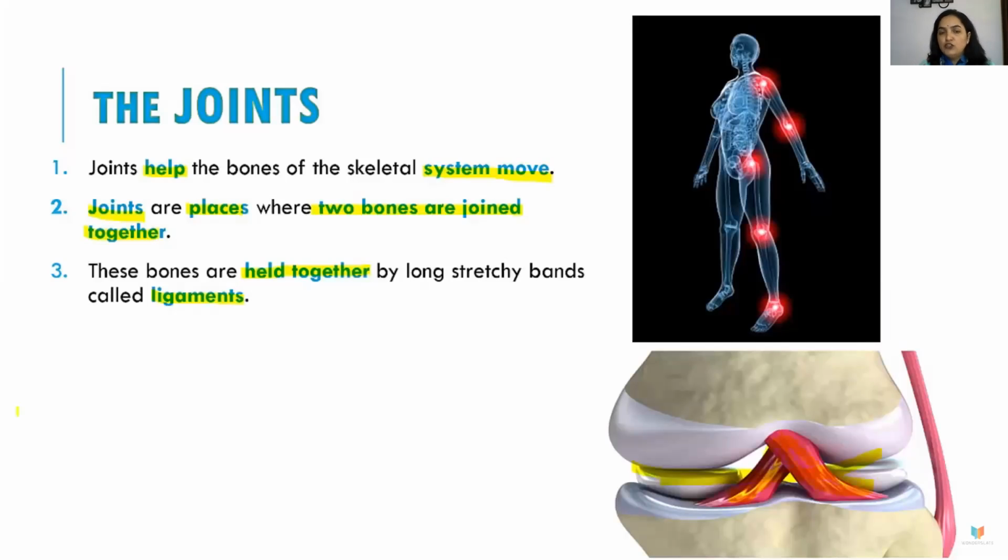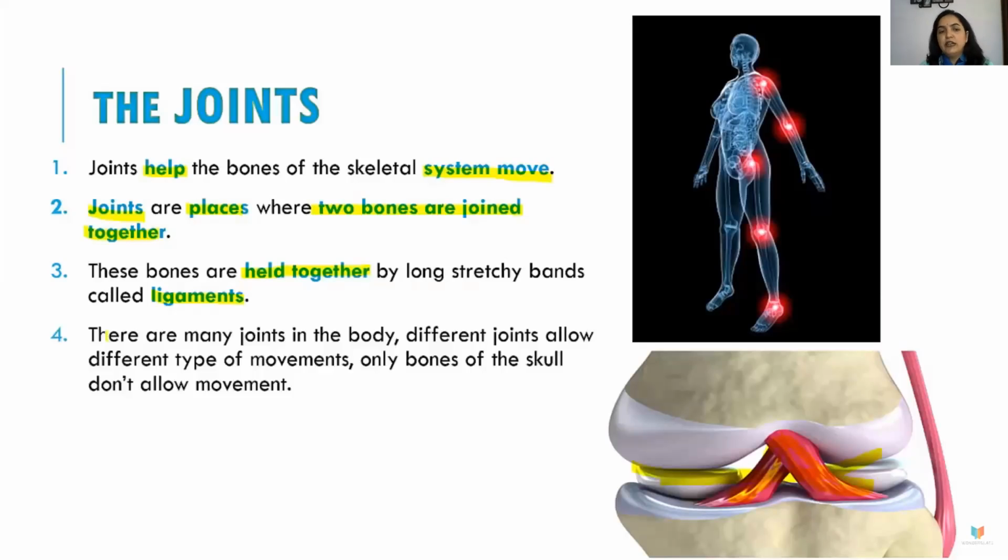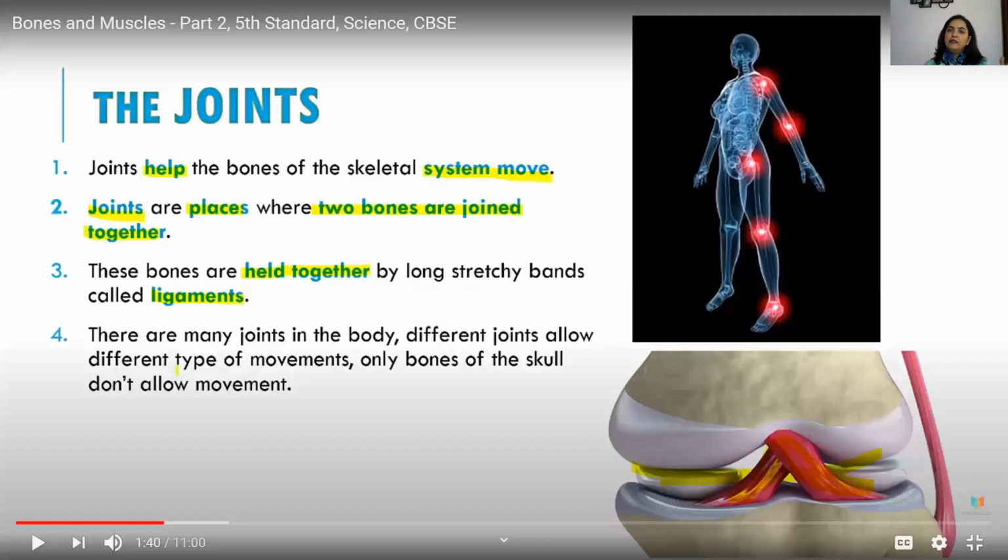There are many joints in the body. Different joints allow different types of movements, and only the bones of the skull don't allow movement. In the last lecture I told you, all the joints allow some or the other movement, except the bones in the skull, which I told you, 8 plus 14, that is 22 bones.